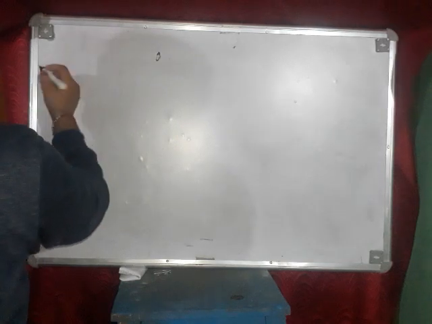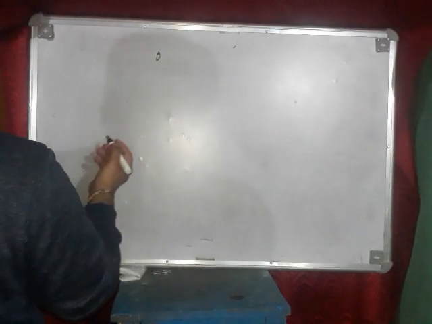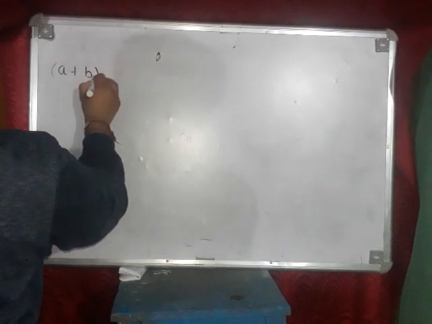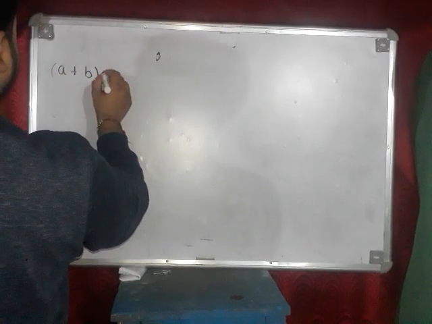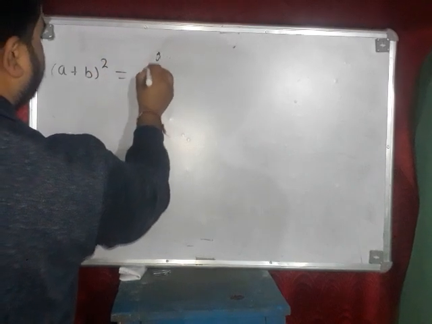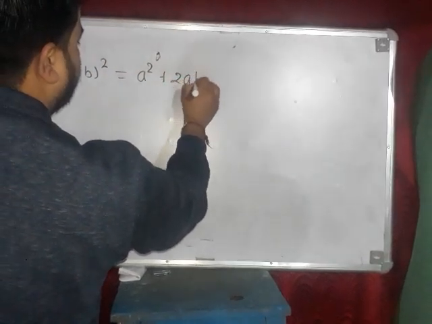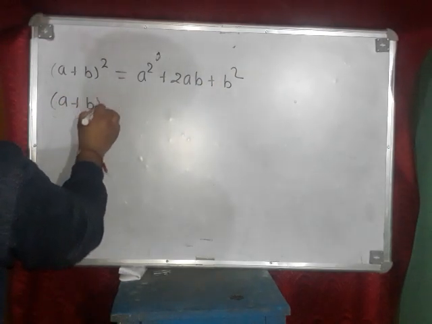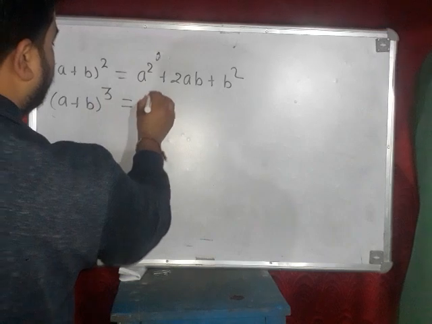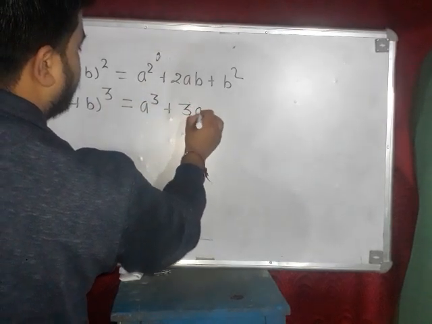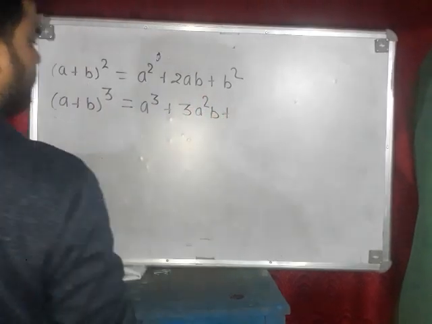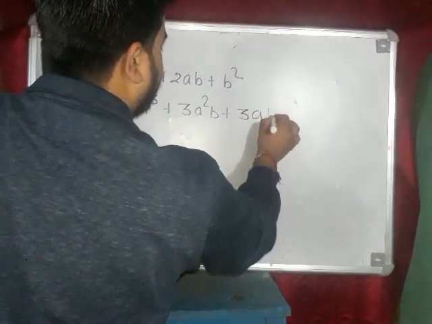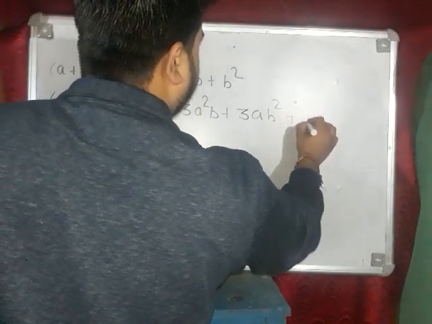Now, in the first lecture we learned some identities. a plus b whole square is a square plus 2ab plus b square. Likewise a plus b whole cube is a cube plus 3 into a square b plus 3 into a b square plus b cube.